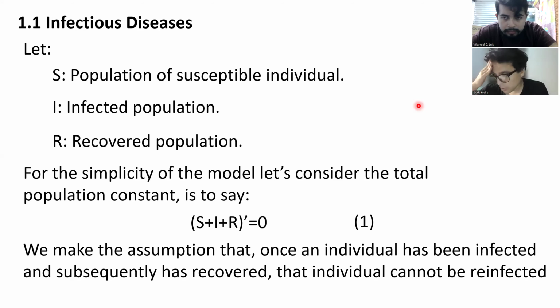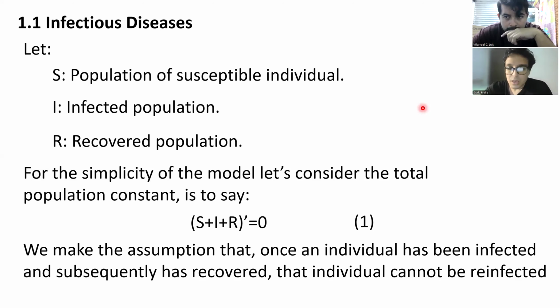We make a few assumptions. First, the population is constant. Since we're talking about populations, we assume S, I, and R are positive, and also they are functions of time. We also assume that the individuals who recover do not get sick again; they gain immunity.